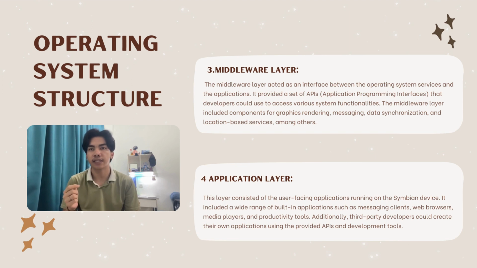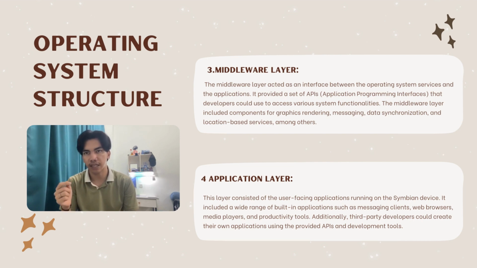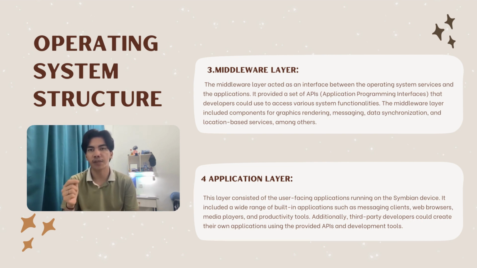It provided a set of APIs, application programming interface, that developer could use to access various system functionalities. The middleware layer included component for graphic rendering, messaging, data synchronization, and location-based service, among others.